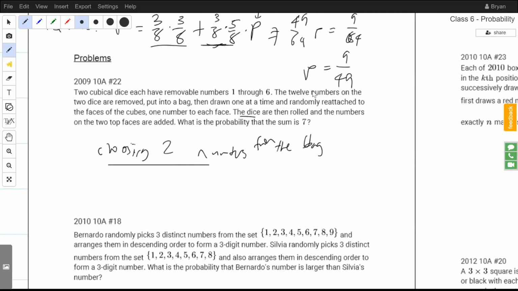There are a few ways to do this. You can do casework on the ways you can choose, for example a 1 and a 6, or 2 and 5, 3 and 4, 4 and 3, 5 and 2, or 6 and 1 in order, and each one has some number of ways to do it.